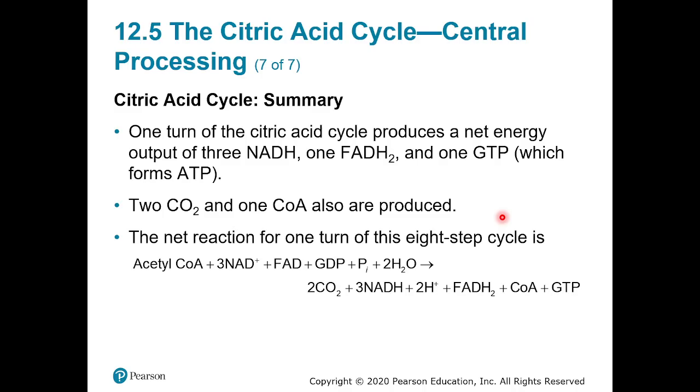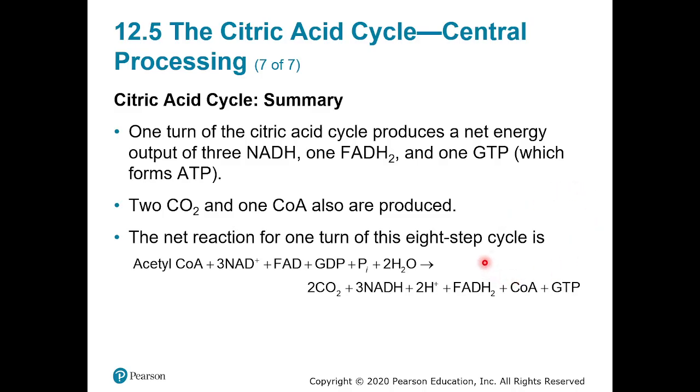You produce 2 CO2s, and you get 1 coenzyme A back out. Your coenzyme A that started attached to an acyl, we get that back. That doesn't get consumed, so you can reuse that to get another acyl back in here and do it again and again and again.